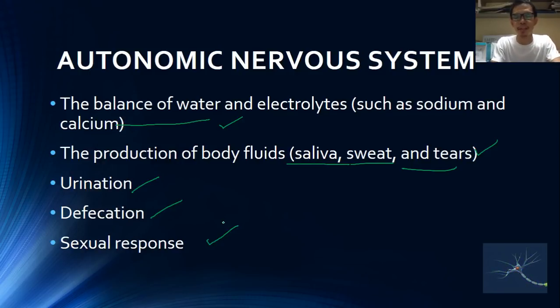So there are some body processes that are hindered. For example, during an emergency, urination is halted for a temporary period of time to give way to other processes, so that it will not interfere with whatever emergency situation your body is undergoing. Also, the sexual response is controlled by the autonomic nervous system.